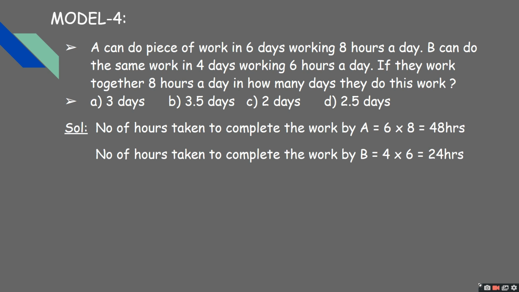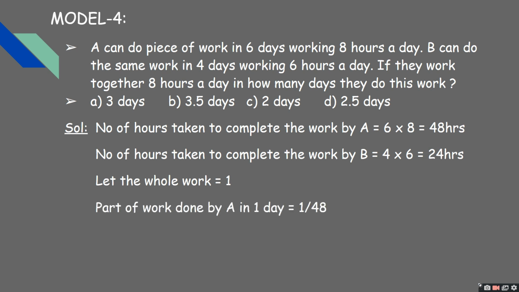Now, we will solve the problem in the regular model. Assume the whole work as 1 and calculate the part of work done by A in 1 hour, which equals 1 by 48. Similarly, the part of work done by B in 1 hour equals 1 by 24. In this question, it is given that both A and B work together.